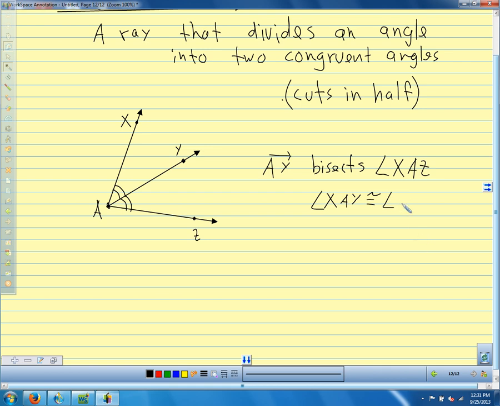YAZ. And we say that ray AY is the bisector. Ray AY is the bisector. It cuts it in half.